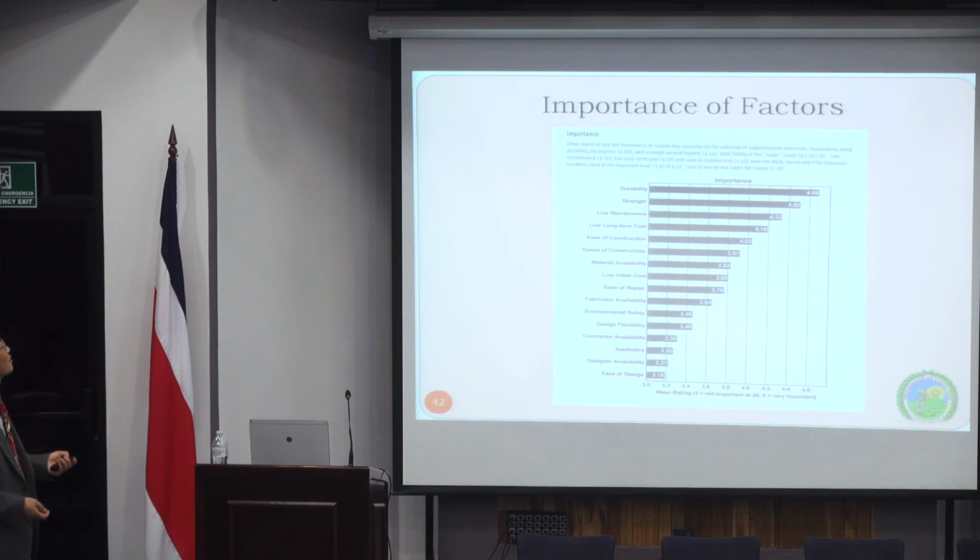And I did not put in the construction cost. Construction cost is much larger, so that's always the most important. Although low initial construction cost is part of this equation, it's usually the most important element.